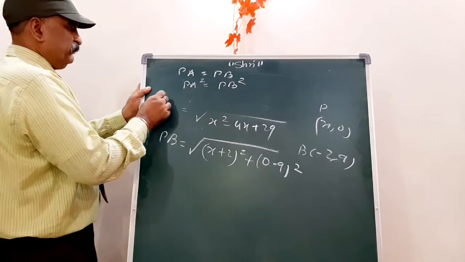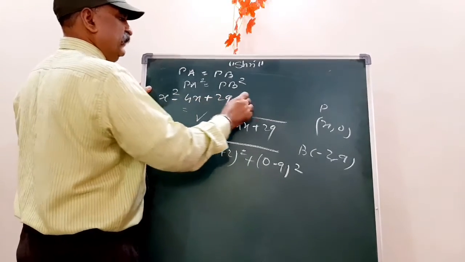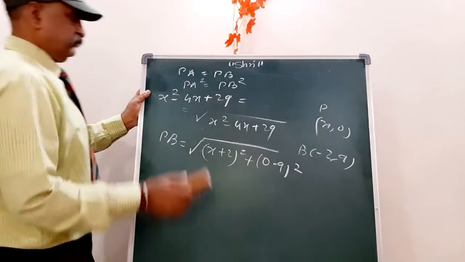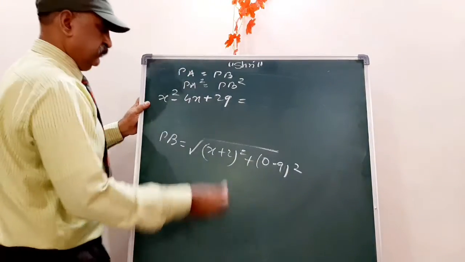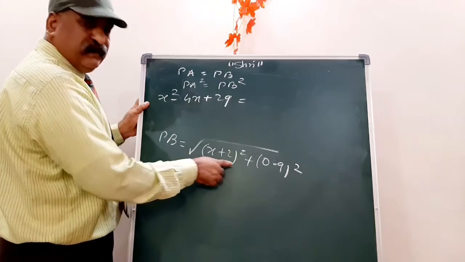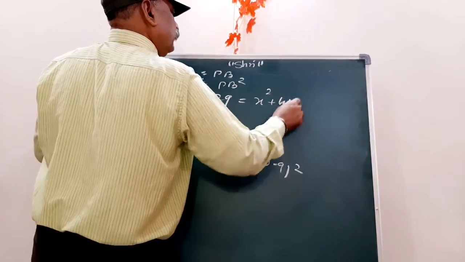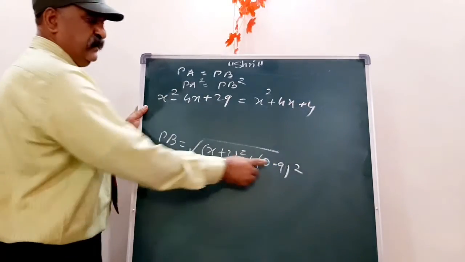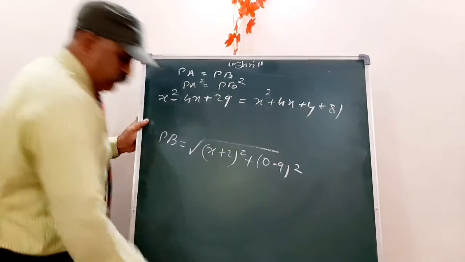So you will get x square minus 4x plus 29 is equal to x plus 2 whole square, means a plus b whole square. So x square plus 4x plus 4 and minus 9 square means 81. Okay. Now let us see.